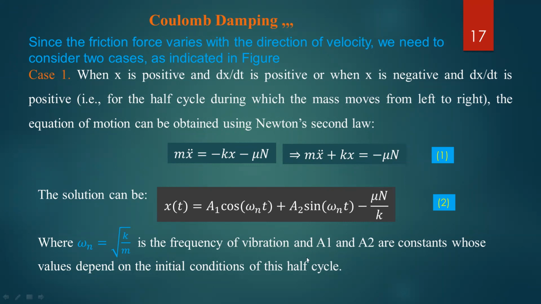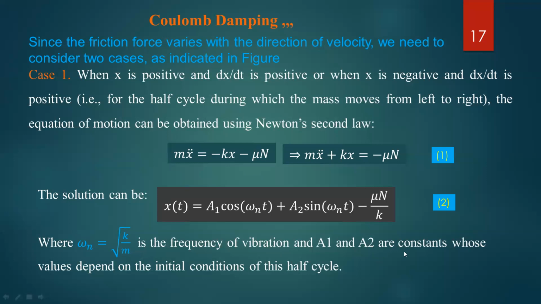Now let's consider omega n equals the square root of k over m, which is the frequency of vibration, and A1 and A2 are amplitude constants whose values depend on the initial conditions of this half cycle. What we are considering is only the half cycle. Why?